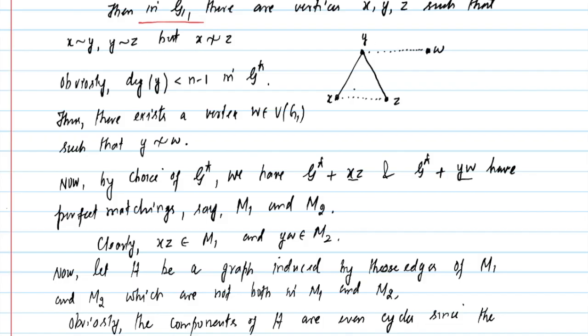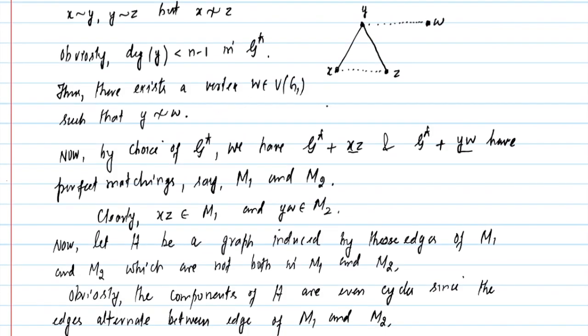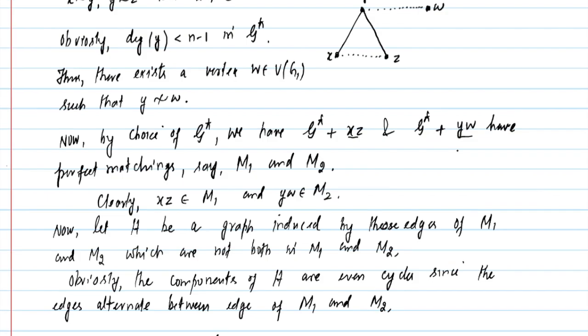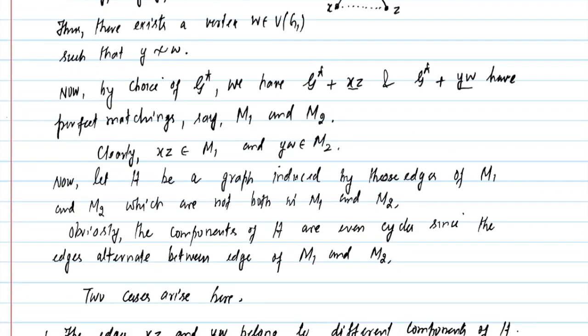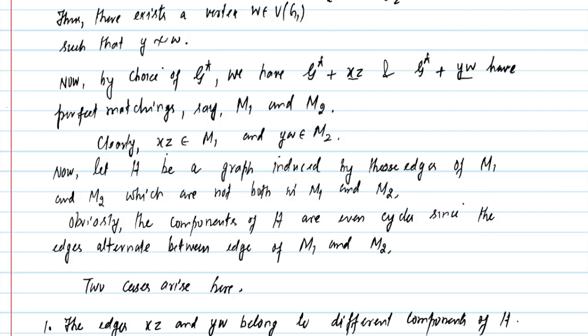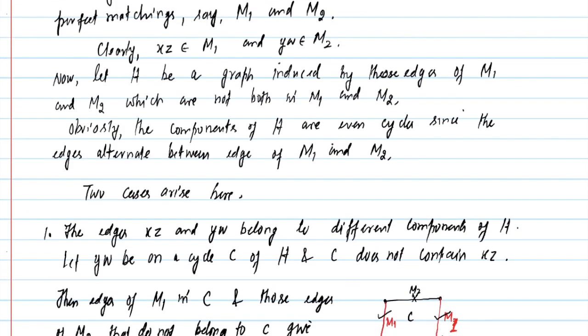Then we construct a new graph H, which is induced by the edges of M1 and M2, where M1 is a perfect matching in G star plus XZ, and M2 is a perfect matching in G star plus YW. Then H is induced by the edges which are either in M1 or in M2, but not in both of them.